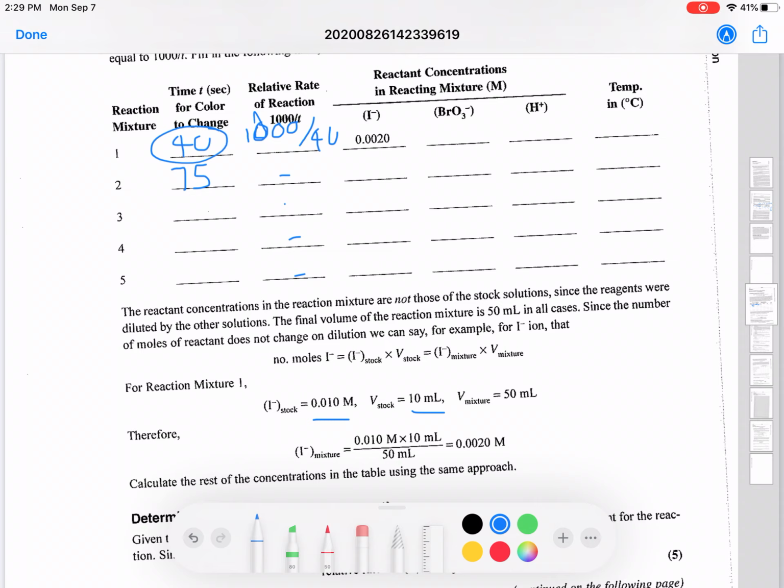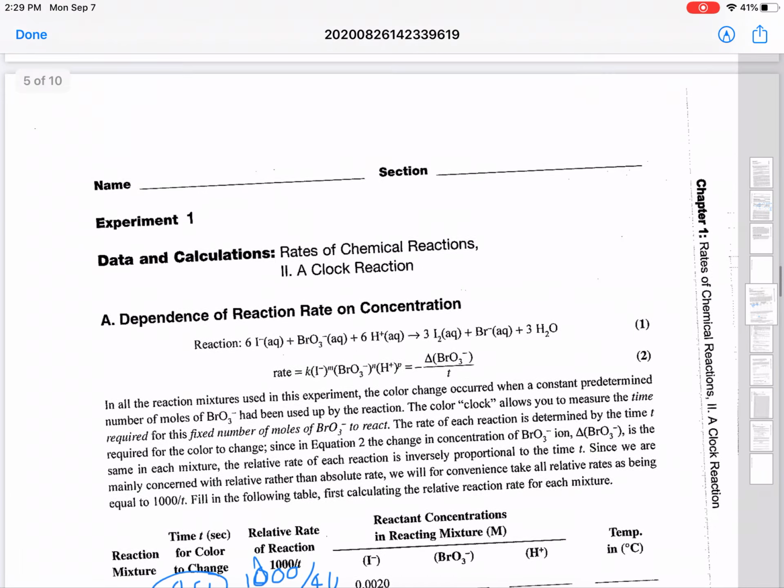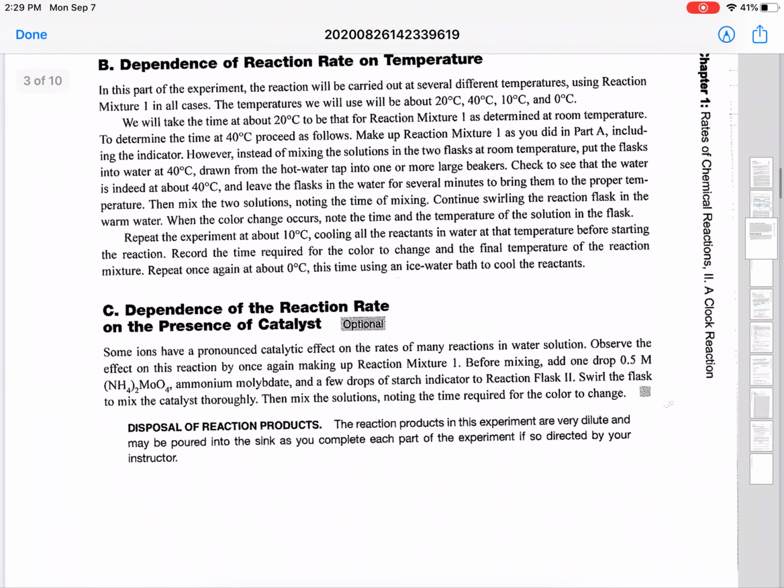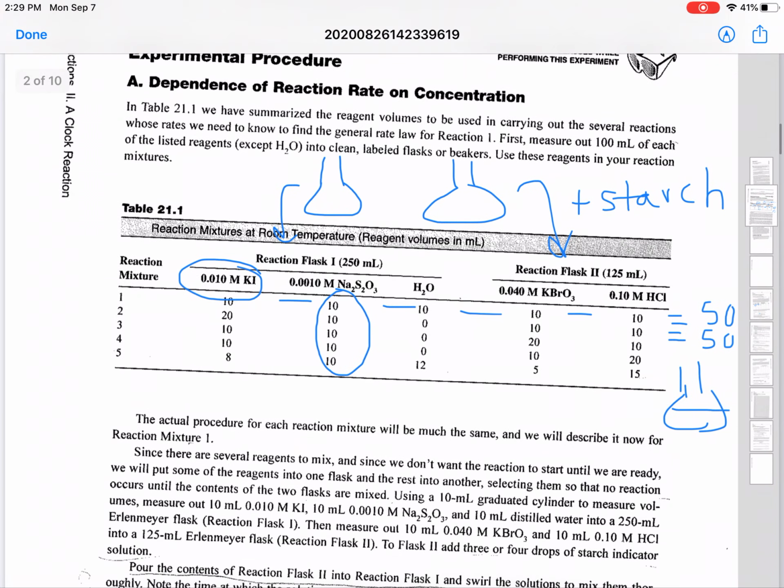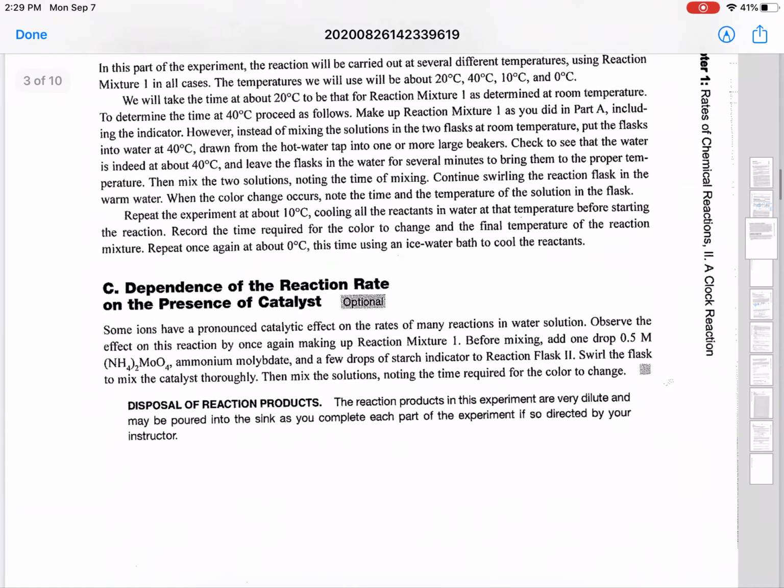Okay, let me show you where this 0.01 comes from for potassium iodide. It's right here. You see KI 0.01 molar. That's a stock solution, and you take 10 milliliters from that. And the total volume is 50. Now we want to find out, when everything is in that 50 milliliter sample, what the concentration of KI is going to be.